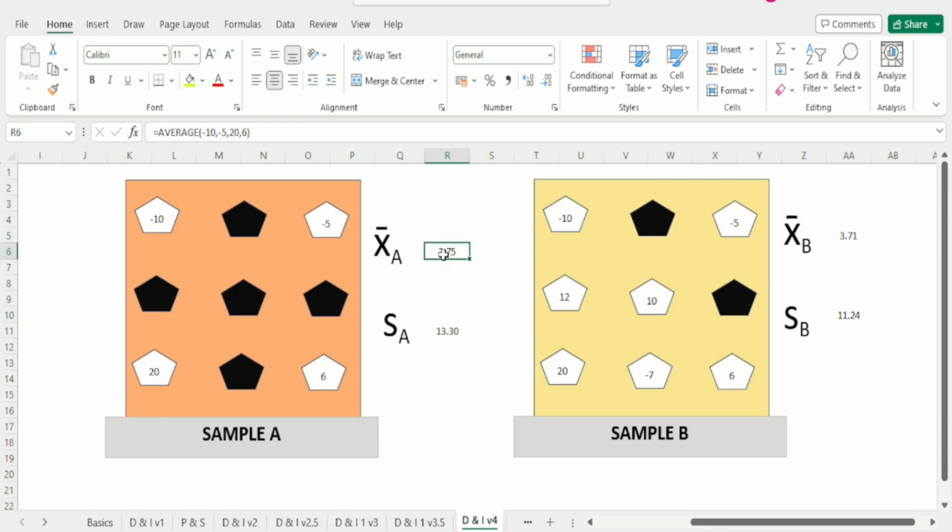The moment you write x bar here, you're saying that this is an estimate for the population, generated from the sample. The same thing is true on this side. This number of 11.24 is not the standard deviation of the sample. This is an estimate of the standard deviation of the entire population.